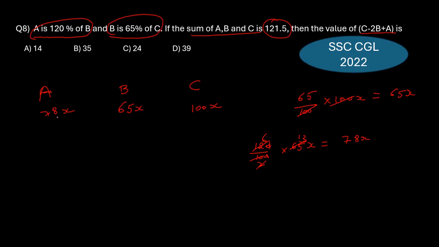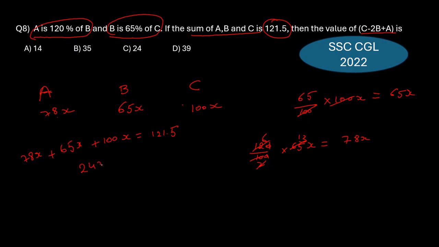And the sum of A, B and C gives me 121.5. So 78x plus 65x and 100x. The sum of these three numbers gives me 121.5. So 78x plus 65x gives me 143x, and then 100x.